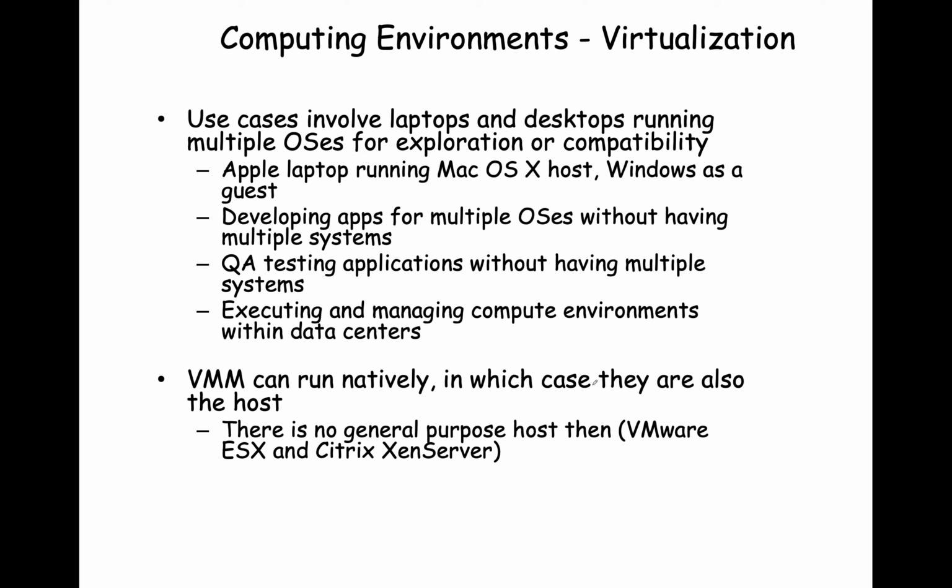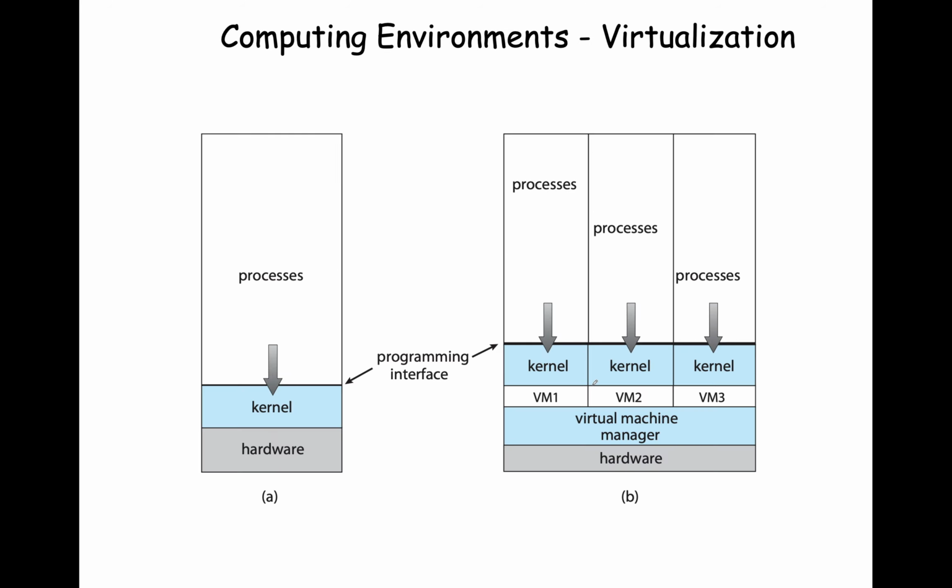A virtual machine manager literally runs on the hardware itself, and when you boot your hardware, you immediately select a guest OS which you want to run. And so there are lots of vendors for virtual machine managers, but it's mostly the big companies like VMware and Citrix that do this.